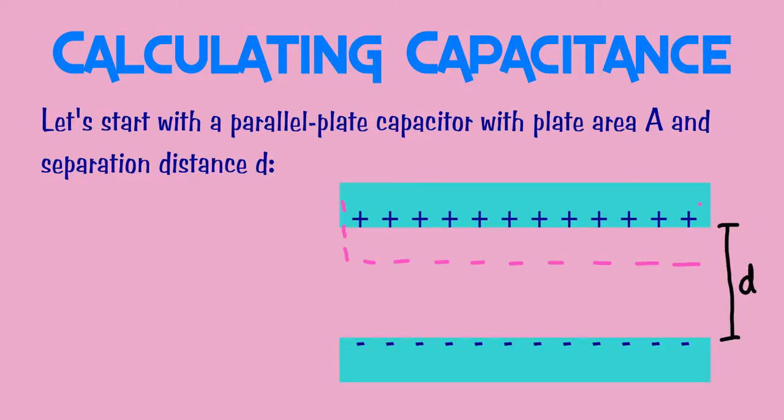A cube, but not with equal sides, really. And I'm going to purposefully make my Gaussian surface so that one part of the surface actually lies within the conductor.